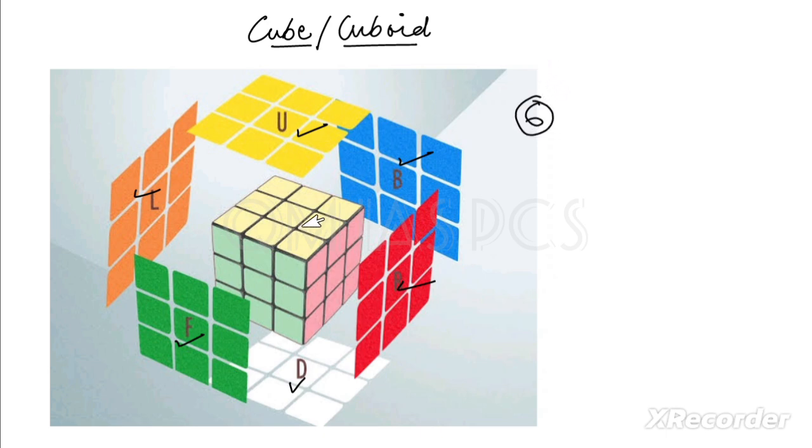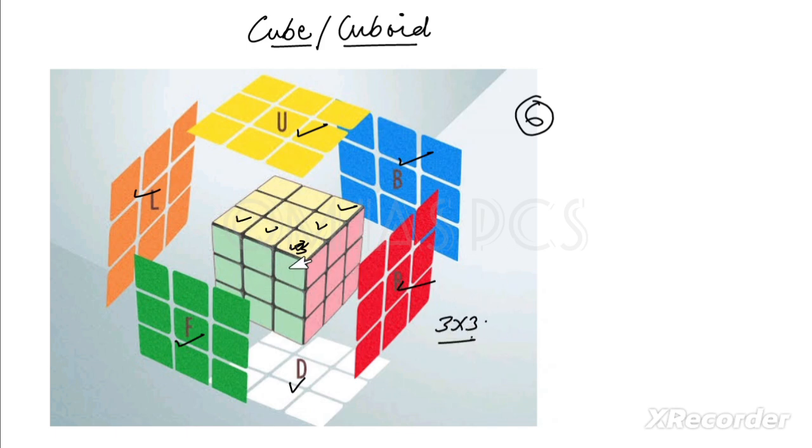Right now you can see it is 3 by 3. You can see the smaller cubes, how many are there? There are 3, 1 2 3, 1 2 3. So I can say it is a 3 by 3 cube.